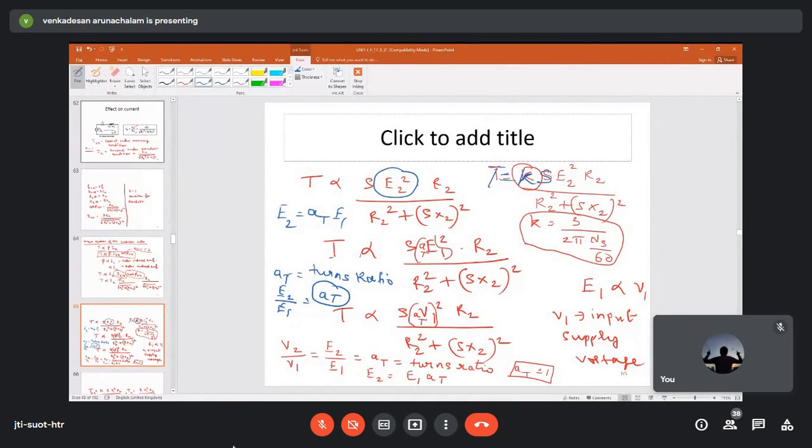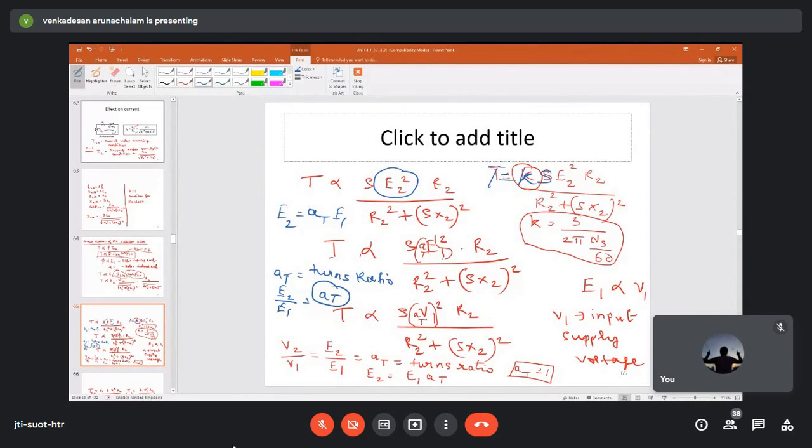So in that sense, I can write the induced EMF E2 with respect to E1 in terms of turns ratio. So E2 by E1 is equal to AT. So simply this E2 I can represent like this: AT into E1 the whole square, right?